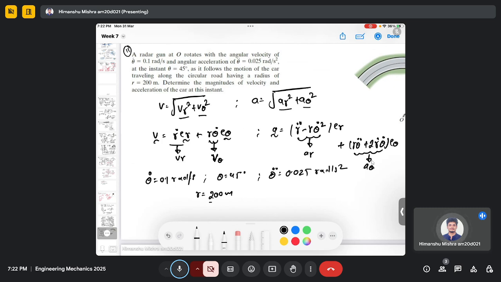You can see that r is a constant. So if you take the time derivative of r, it will be 0, and r double dot will also be 0 because r is a constant here.